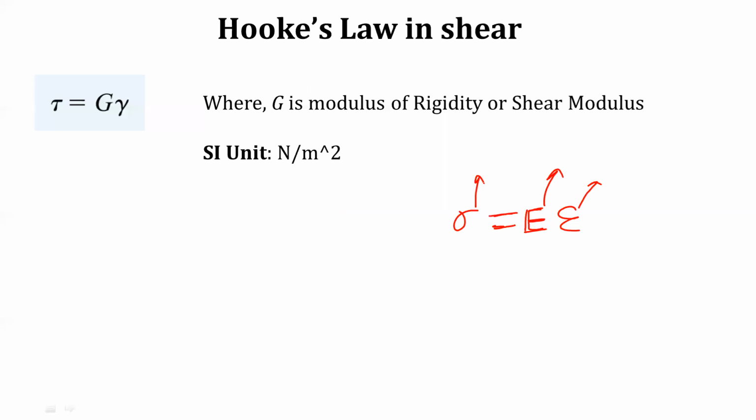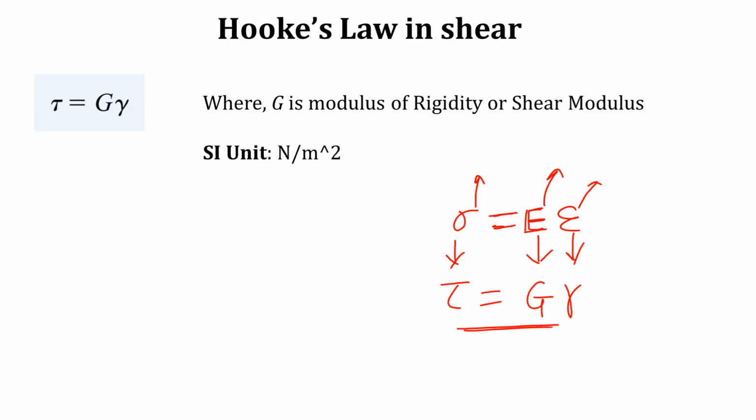In a similar way, in shear stress, this sigma is replaced with shear stress tau. This constant is replaced with G. I will tell what G means. And this normal strain is replaced with shear strain, that is gamma. Correct? So this is called Hooke's law in shear.